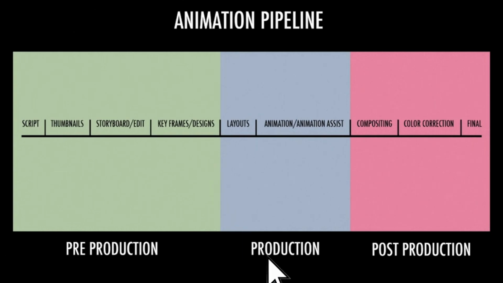Then we have the production stage, which consists of layouts and animation assist. And finally, we have post-production, which consists of compositing, color correction, and the final film. There are also other components that I didn't add in there, which are sound design, sound mixing, score, and a final sound mix before ending up with a finished film.